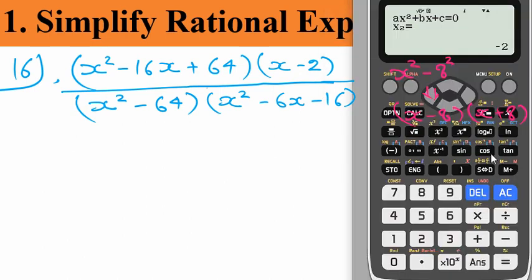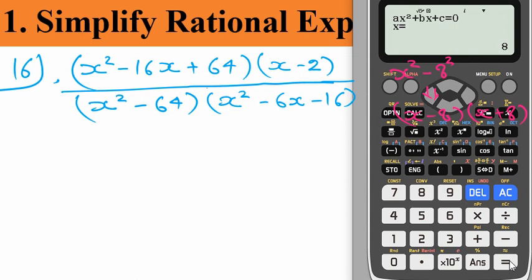Okay, here we go. In this case, a is 1, b is negative 16, c is 64.